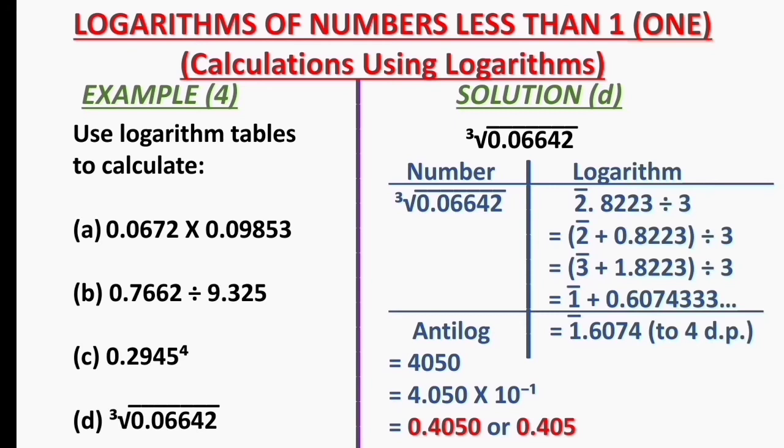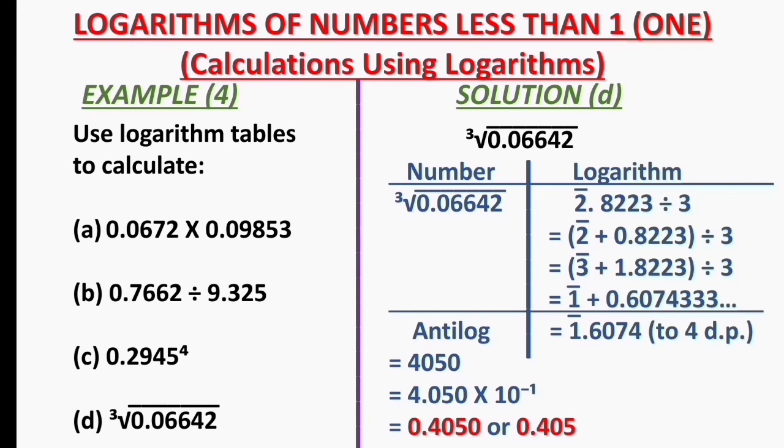Performing your division, 3 dividing by 3 is by 1 because 3 can divide by 3. That's why we made this manipulation here. 3 dividing 1.8223 will give you 0.6074333 and recurring. So adding up the characteristic bar 1 and the decimal fraction, we are going to have bar 1.6074 to 4 decimal places.